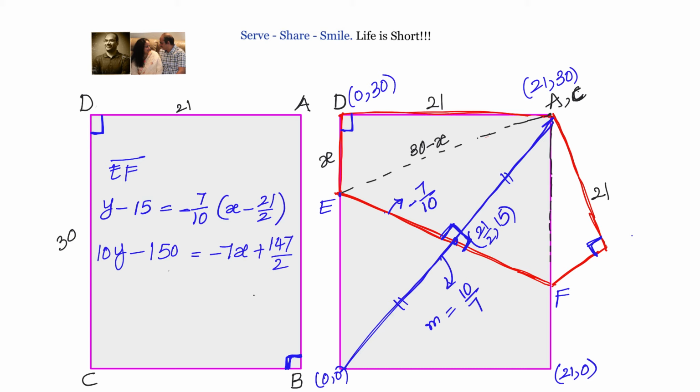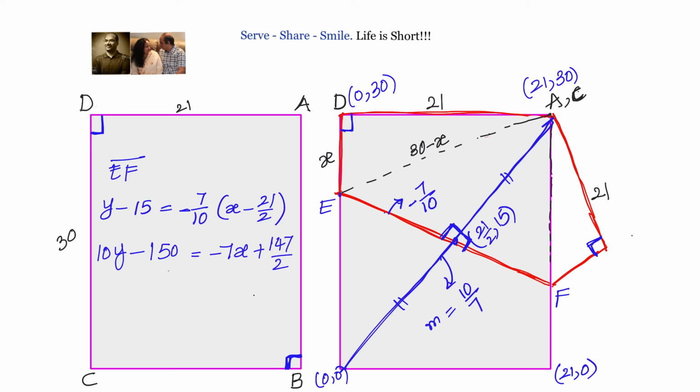When that line EF intersects with the y-axis, whatever we have here, then the point of intersection is E. So on the y-axis we know the x coordinate is 0, so we'll substitute x equals 0.